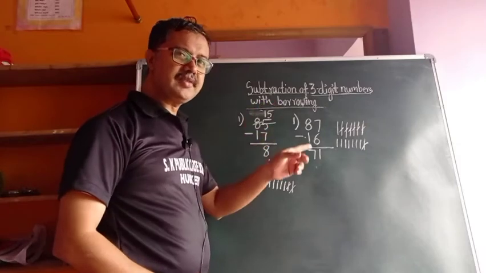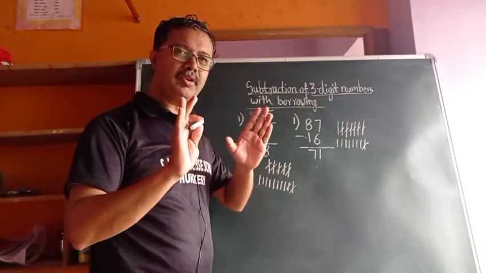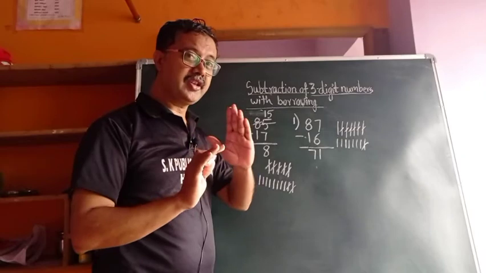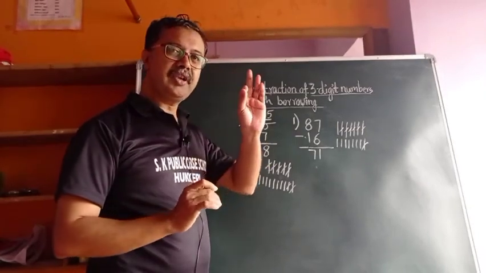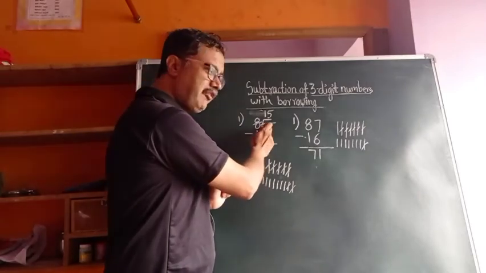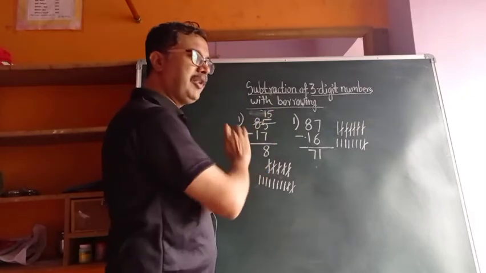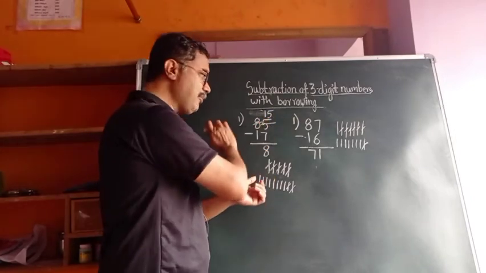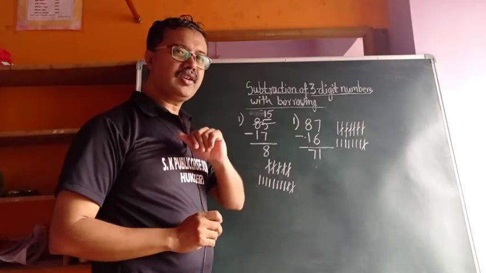Either it is the 10s place or 100s place or 1000s place, don't worry about that place. Only the simple logic and tricks you have to remember. Whichever number you wrote a new number for, exactly the next number you have to strike out. Minus 1 you have to do.